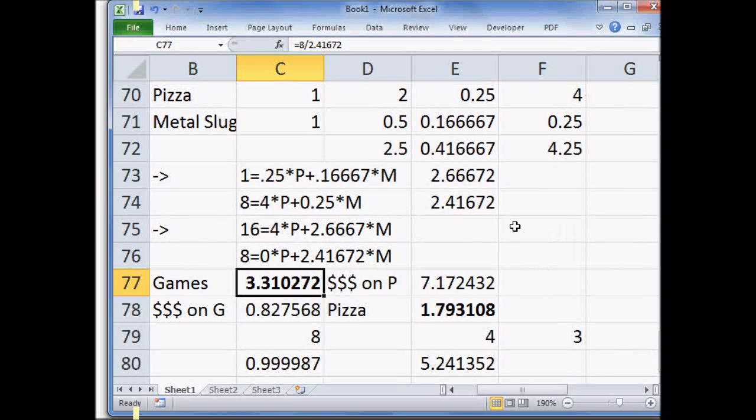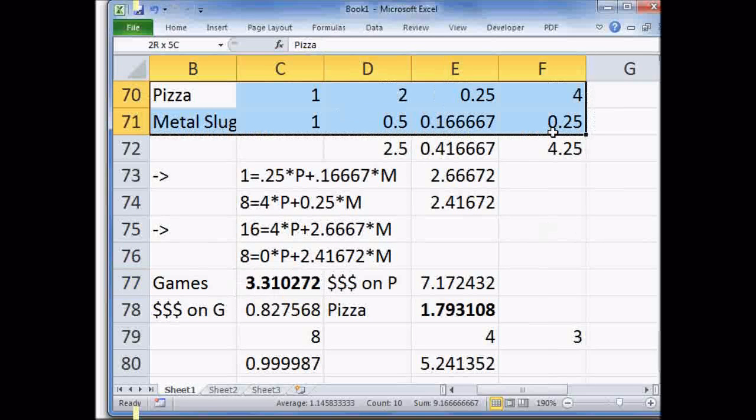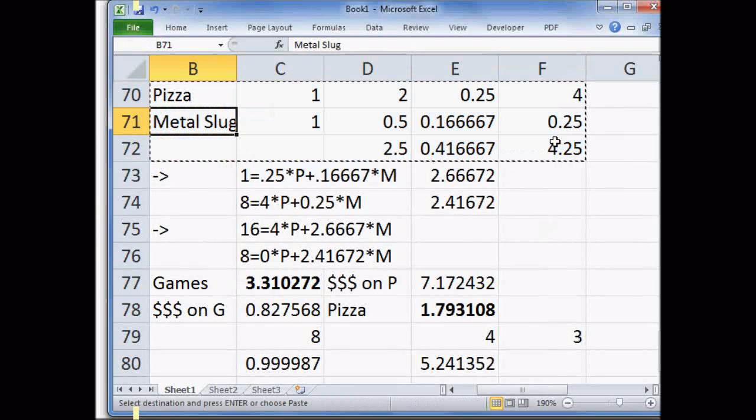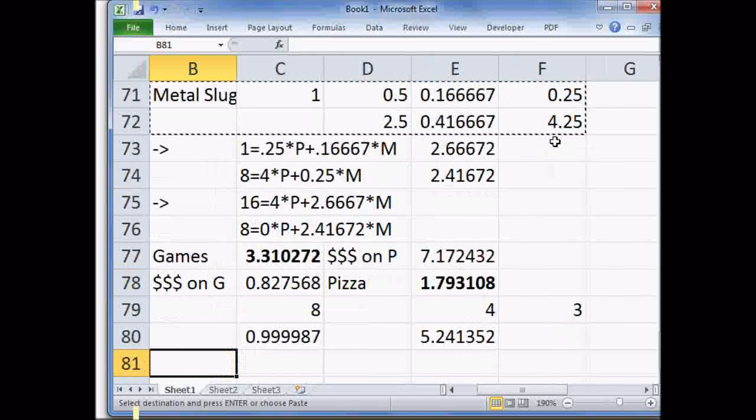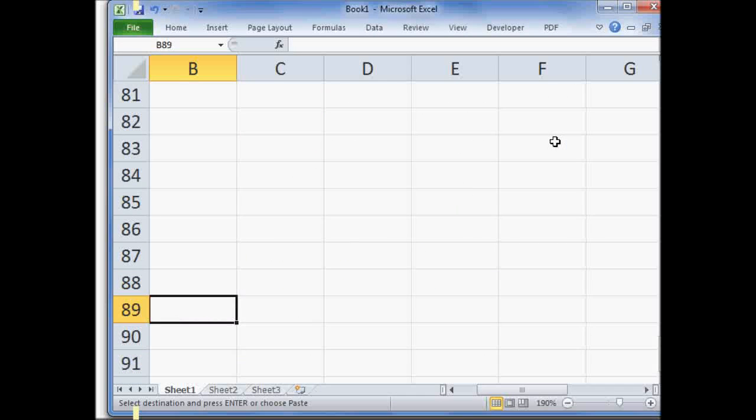So here's our benefit function. It can be set up down here. Let's copy this. Let's do this again using Solver here.